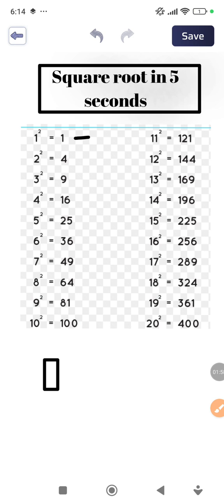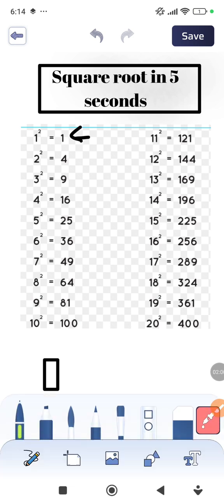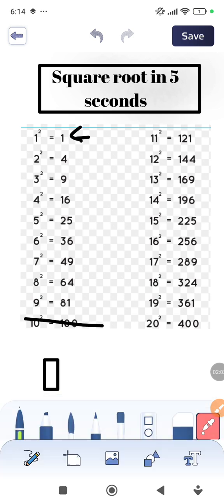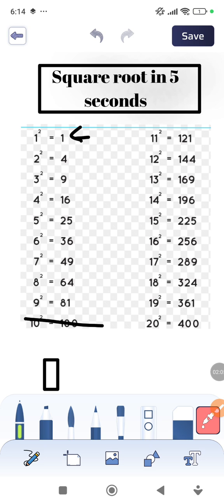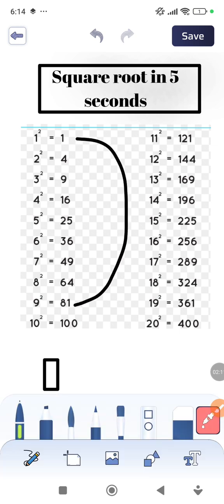It means its ending digit is 1. And if you forget 10, then you see that the square of 9 also ends in 1. So you match 1 and 9 together, as their squares end with the same digit, which is 1.